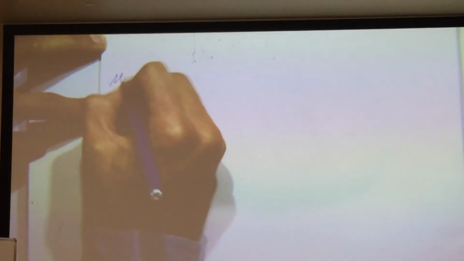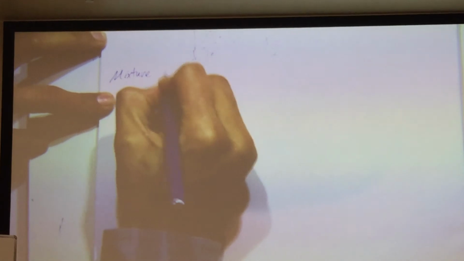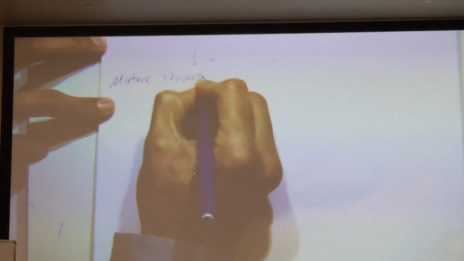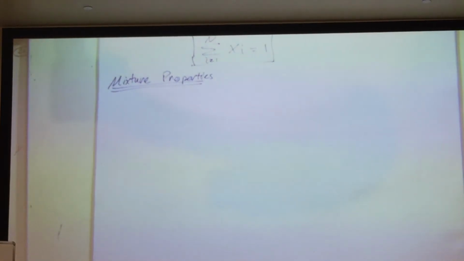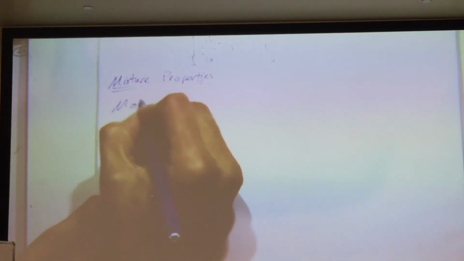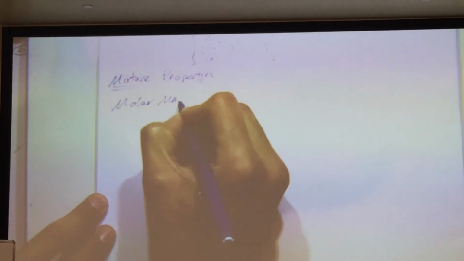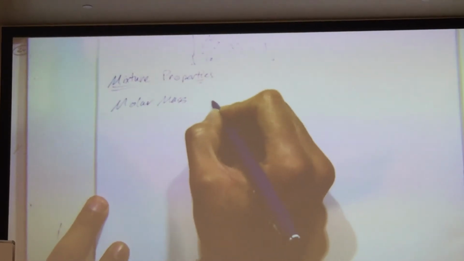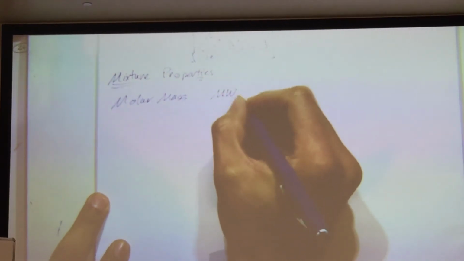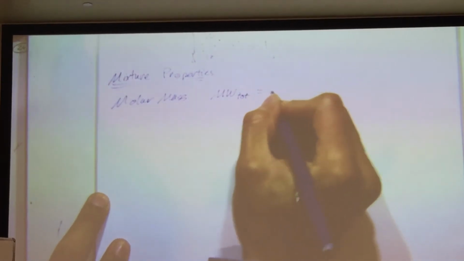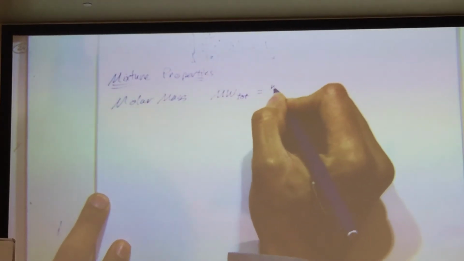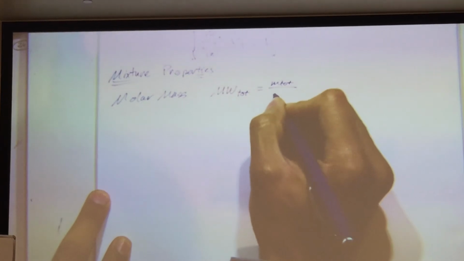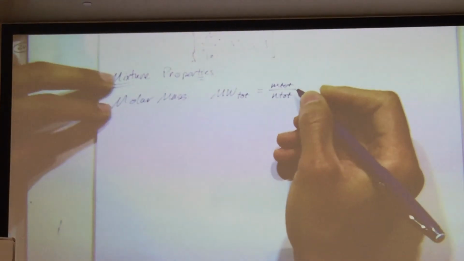Okay, so moving on to mixture properties. Molar mass, or molecular weight, MW total, is equal to M total divided by N total, by definition like we did earlier.